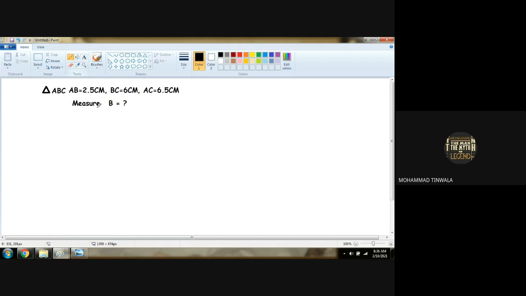After completing the diagram, we have to measure angle B. So, if we take a rough diagram right here, for example, if we take 6 centimeter as BC, then A will be on the top. So, AC is 6.5 centimeter. And AB will be 2.5 centimeter. So what is the construction that we have to follow?